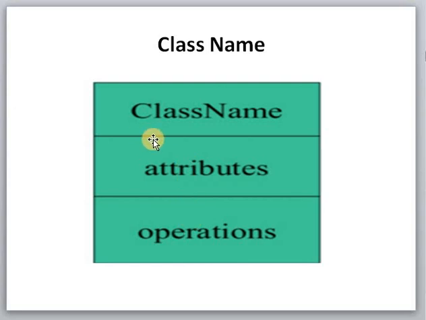It is important to follow the given sequence in order to design a class. So remember, we always write the name of the class in the first compartment, then sequence-wise we mention the set of attributes in the second compartment, and third we have the set of operations or methods which will be performed by the specific instances of this class.